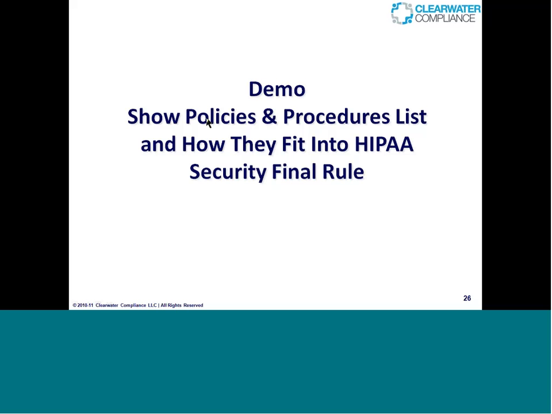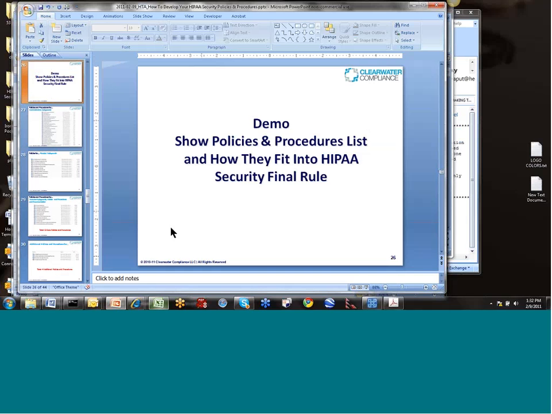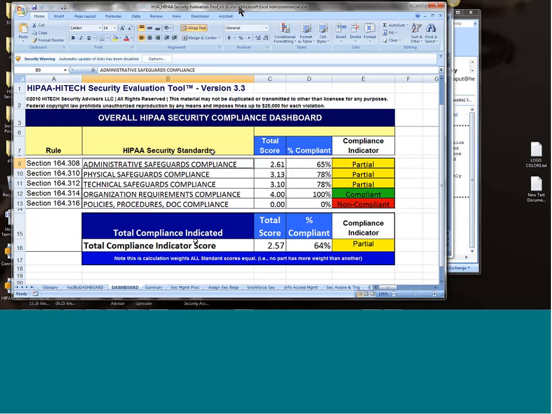I'm going to exit the presentation here and just show you, this is under the banner of what policies and procedures are needed. I actually have the list. You may be able to see it on the slide previewer over here on the left-hand side. But I also want to show you how we came to a determination of what was required.